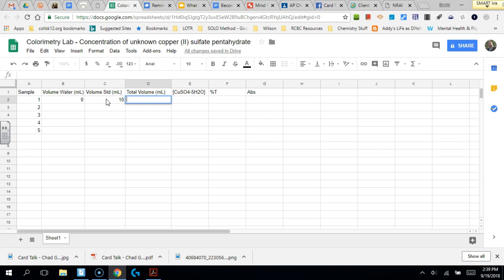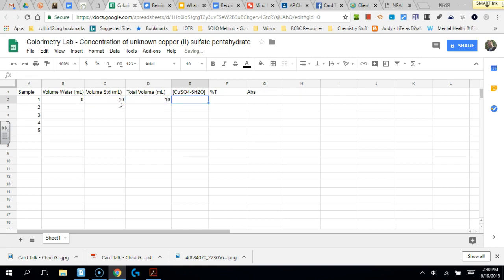So what I want is, in this box, I want this to equal this plus this. I'm going to hit enter, and it's going to be 10. So now, if you notice, I could do 8.19, and it's going to update my information immediately right there. So spreadsheets are really good that way.